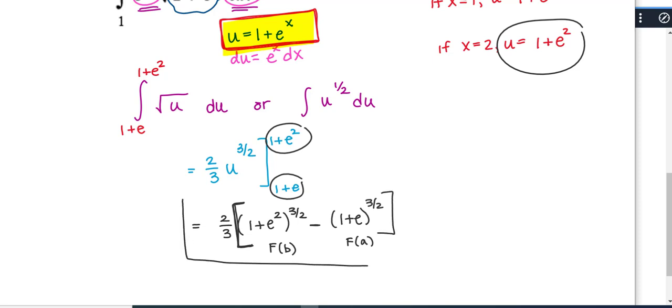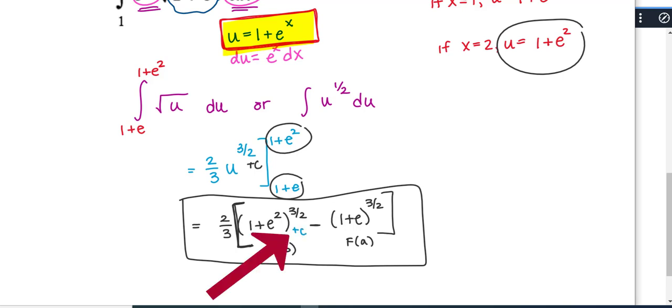Now, if you're wondering what happened to the plus c, if you did put plus c here, what you would have noticed is you would have had a plus c here and a minus c here after you distributed the negative, and plus c minus c add to 0.